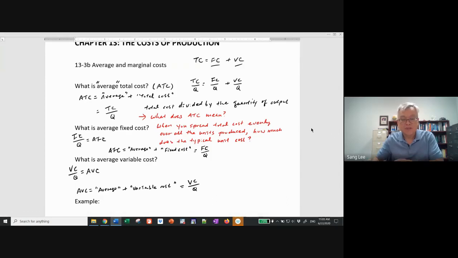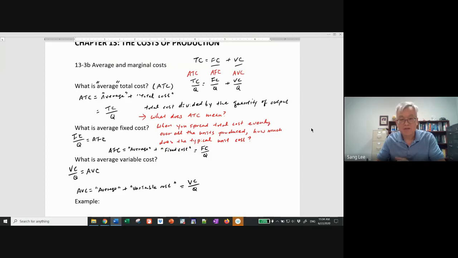On the left-hand side, when we divide total cost by quantity, we call that average total cost. When we divide fixed cost by quantity, we call that average fixed cost. When we divide variable cost by quantity, we call that average variable cost.